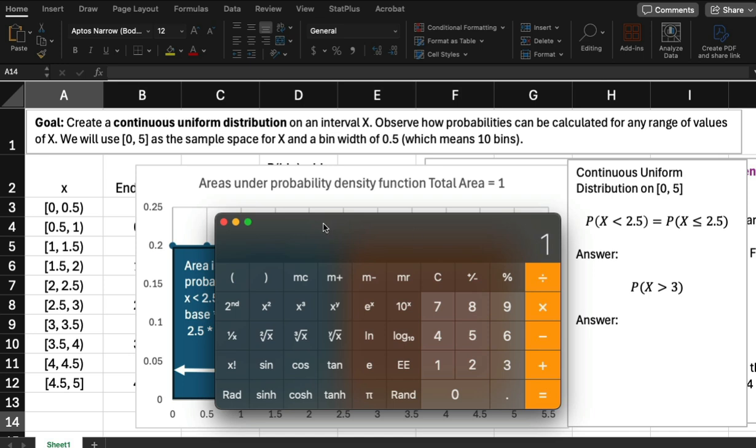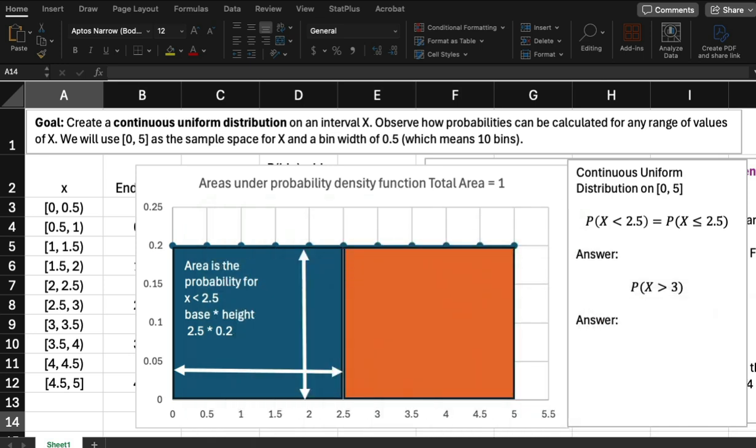Always has to equal 1. So we had to choose a height that gave us a total area between the blue rectangle you see here and the orange rectangle. Both of those, when you add them up, you have to get 1. So that's how you construct it.